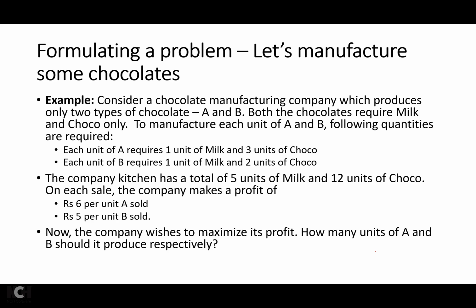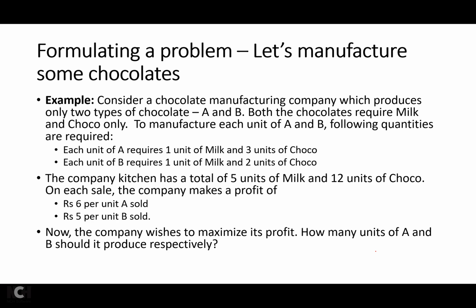Consider a chocolate manufacturing company which produces only 2 types of chocolate, A and B. Both chocolates require milk and cocoa only. To manufacture each unit of A and B, the following quantities are required.